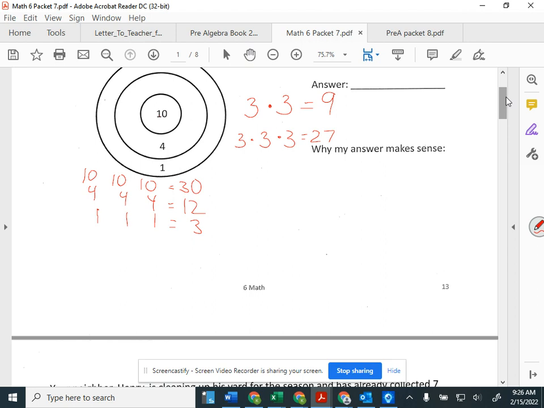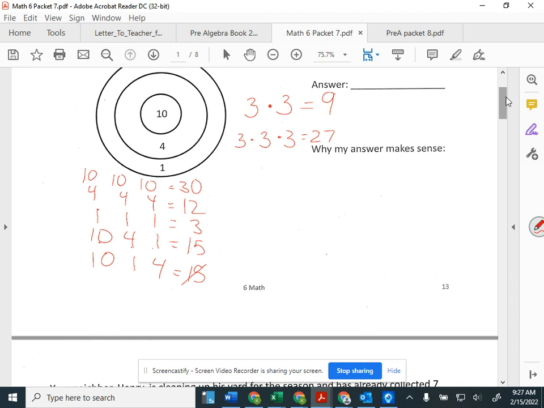We don't want all of the outcomes because there's going to be different ways that we can make it. So if we had a 10, a 4, and a 1, first dart, second dart, third dart, and then a different order, it's the same total. We only want to count it one time.